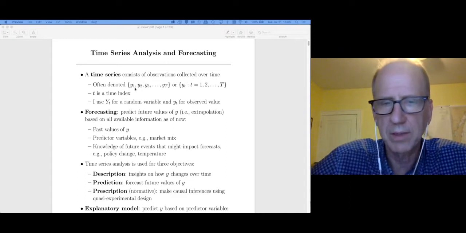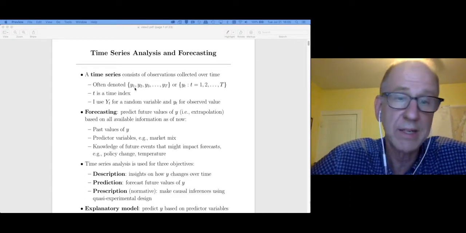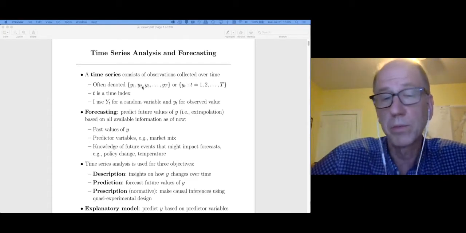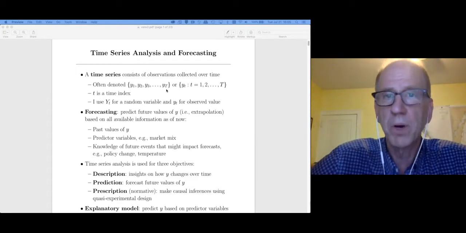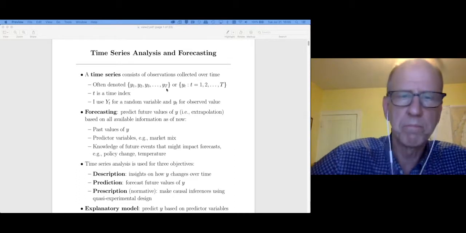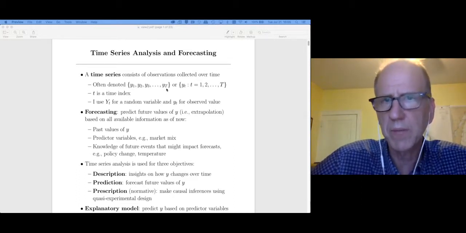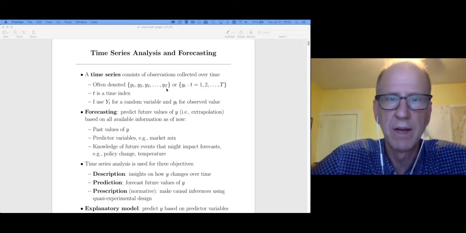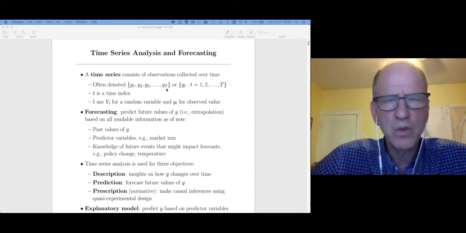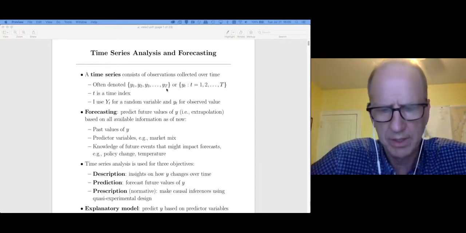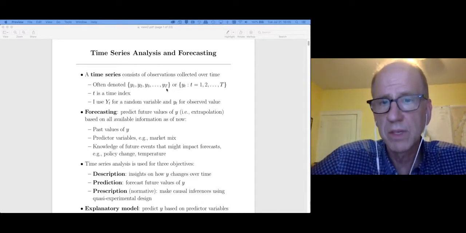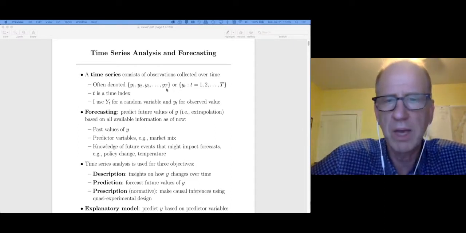So the first day that we've started tracking COVID cases, that would be the number of cases on that day. y2 would be the number of cases on day 2, all the way up through y sub big T. So big T I'm going to be using to indicate the number of observations that I have in my time series.